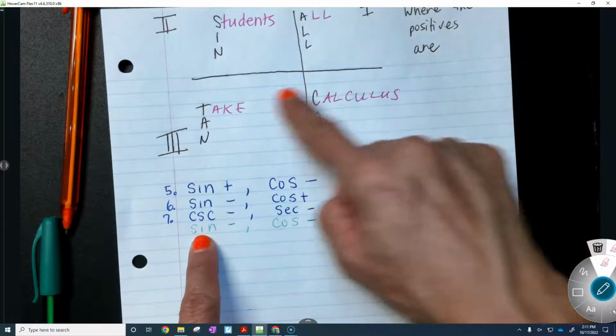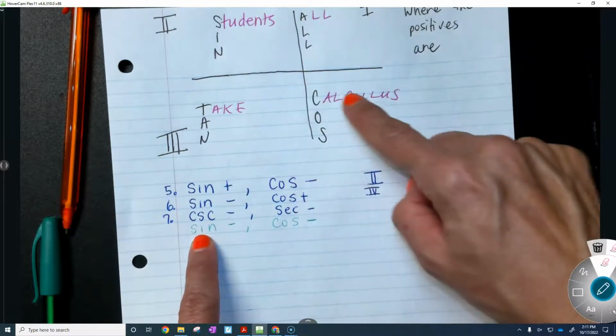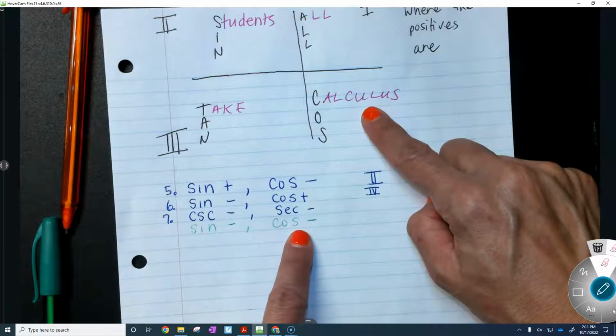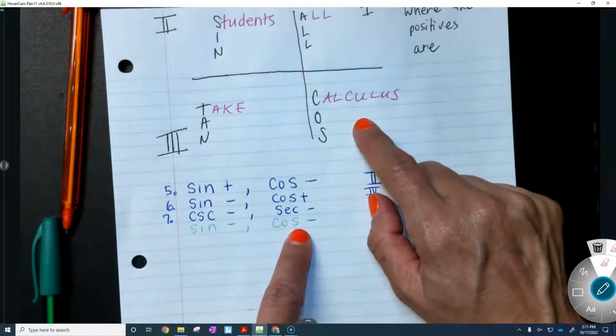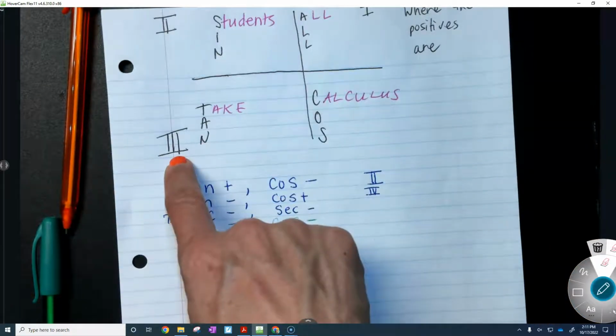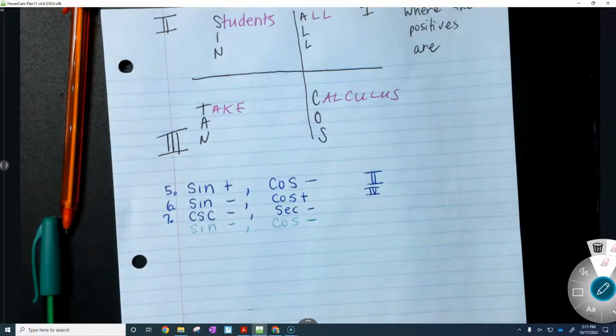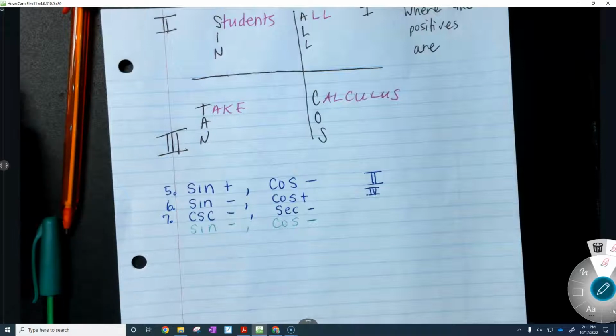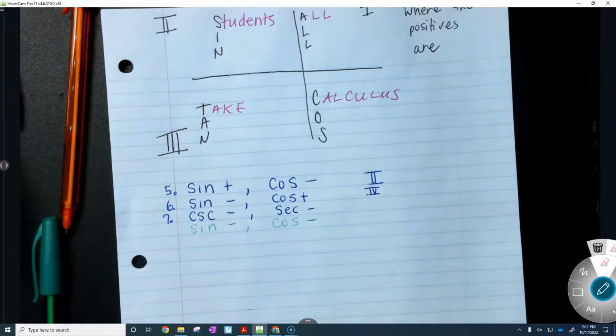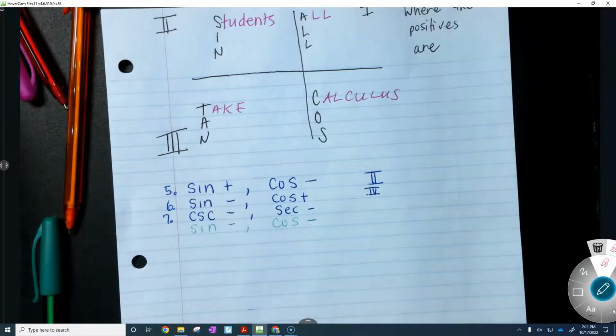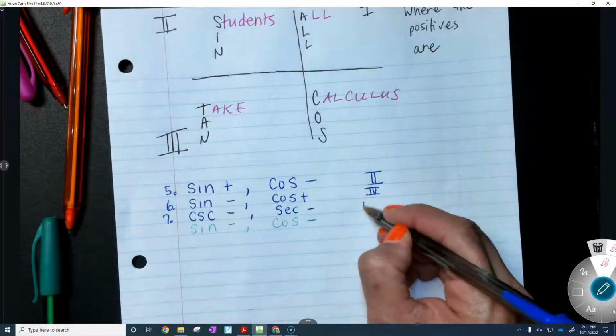So it either has to be one of these. Over here, it says cosine is positive, so it can't be that. So it has to be quadrant 3. We're working backwards. It's like a puzzle. So this one's quadrant 3.